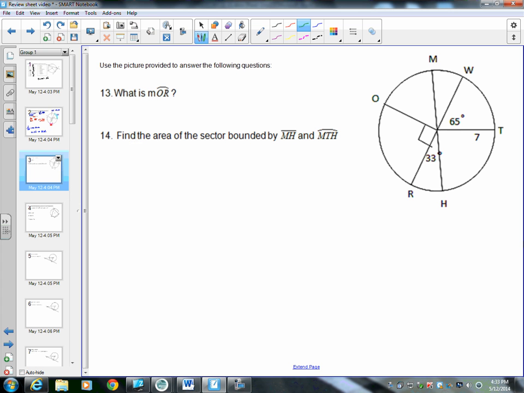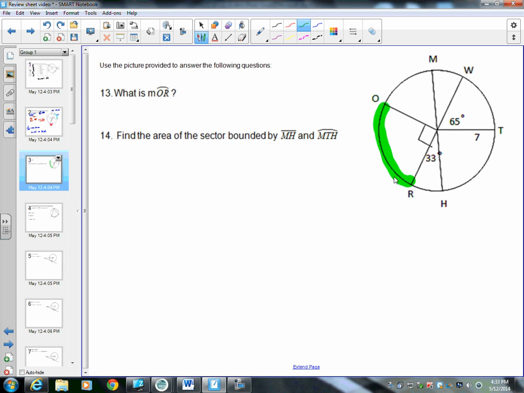Well, let's look for it. Arc OR, we can highlight it. Let's use green. Okay, so arc OR. If I want to find the measure of that, I can do it a couple different ways.